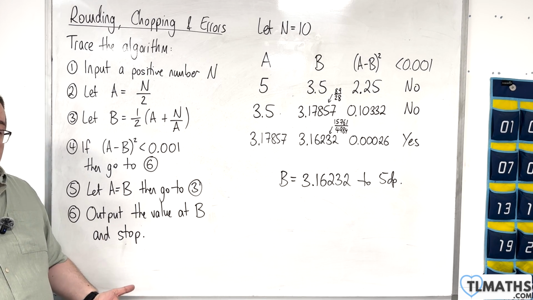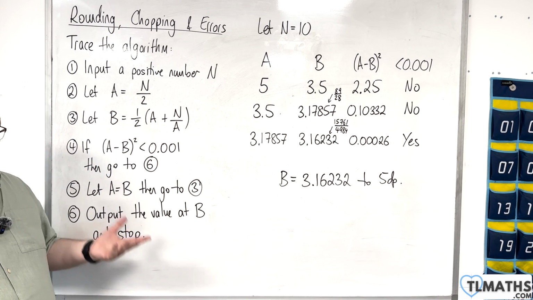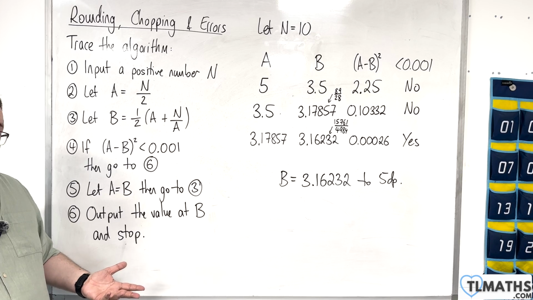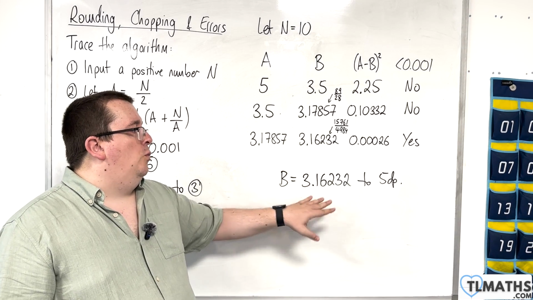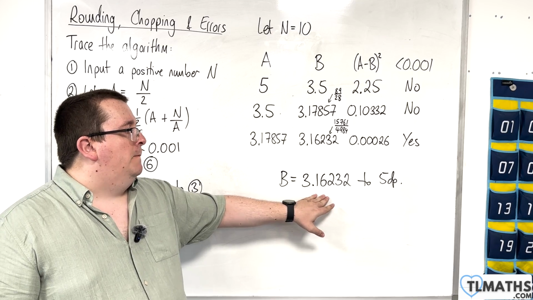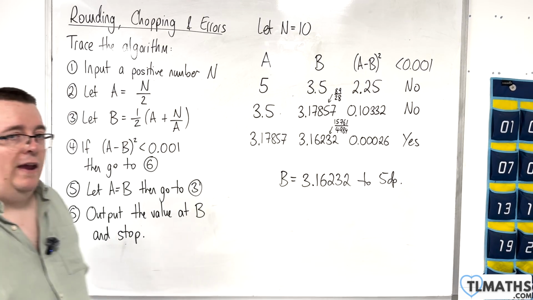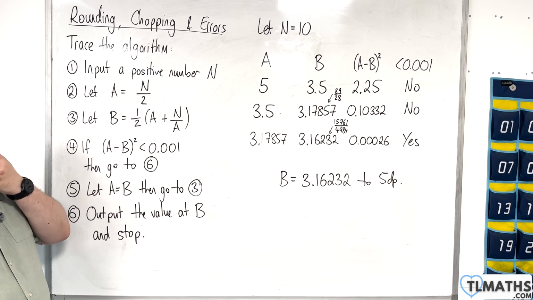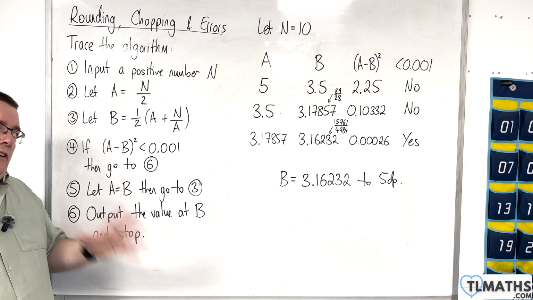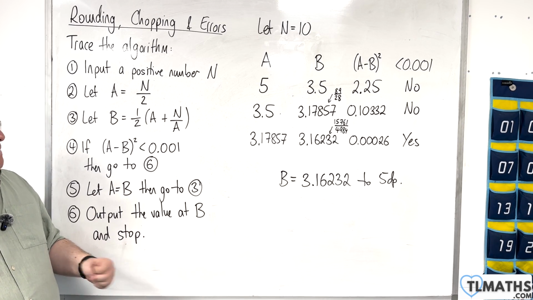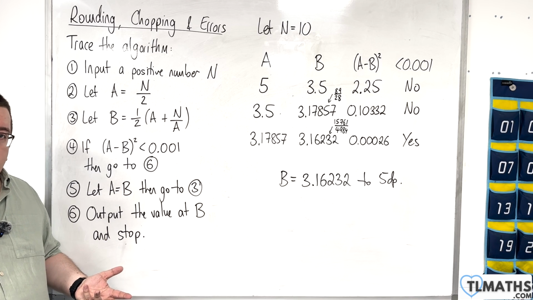So what this algorithm is doing is it is finding the square root of n. So this algorithm is homing in on the square root of 10. Okay, so this obviously isn't exactly the square root of 10, because the square root of 10 is irrational, so we're not going to ever quite get there, but we're going to get as close as we want to however many decimal places that we would like.